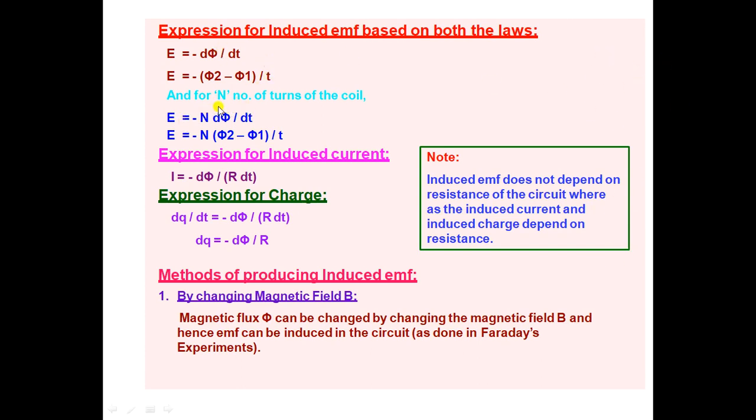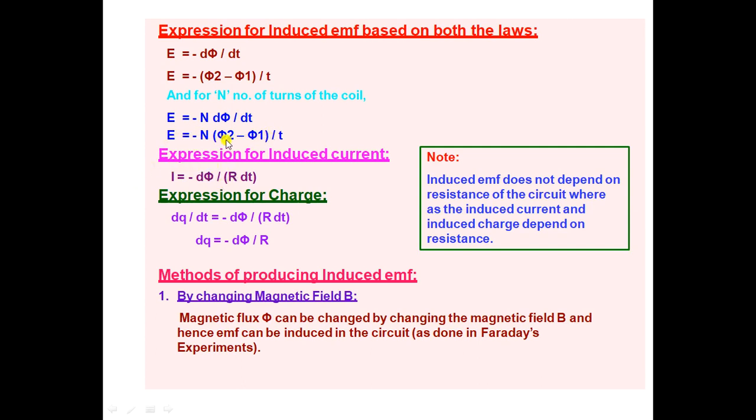For n number of turns of the coil, we will take E is equal to minus n d phi by dt. For one turn of coil, E is equal to minus d phi by dt. For n number of turns of the coil, E is equal to minus n d phi by dt, or I may write this as E is equal to minus n (phi 2 minus phi 1) by t.